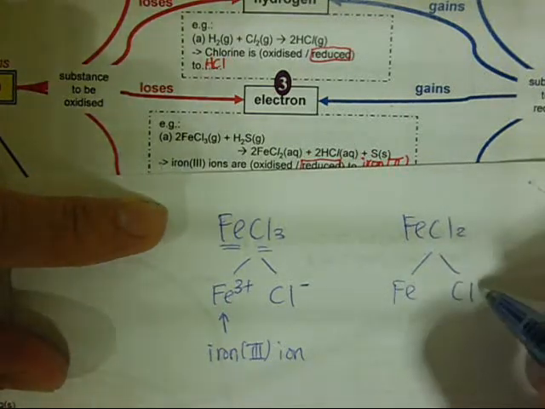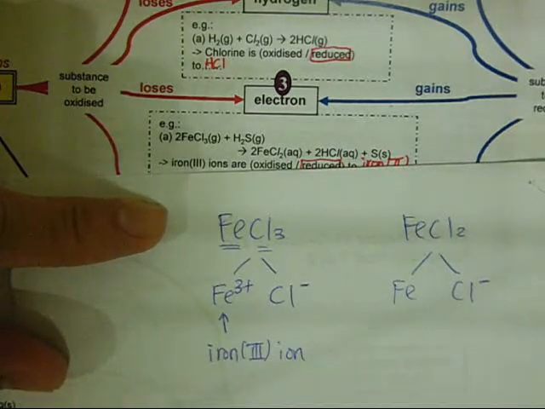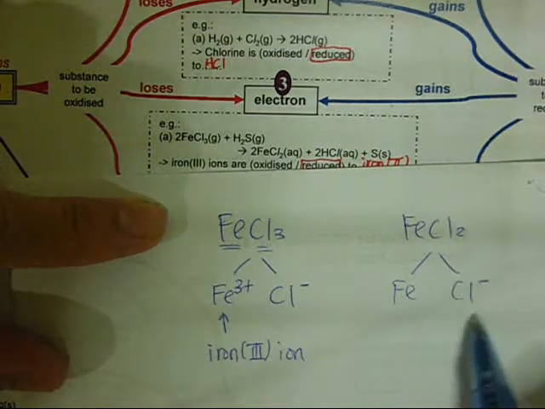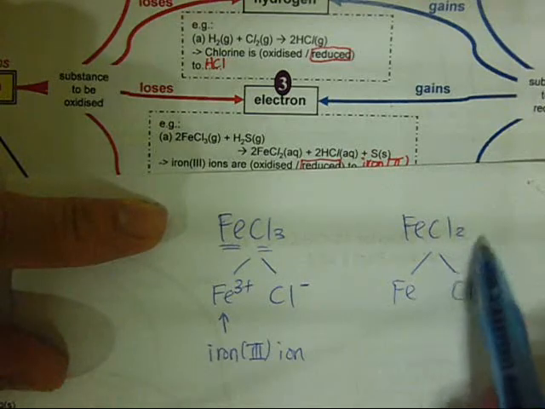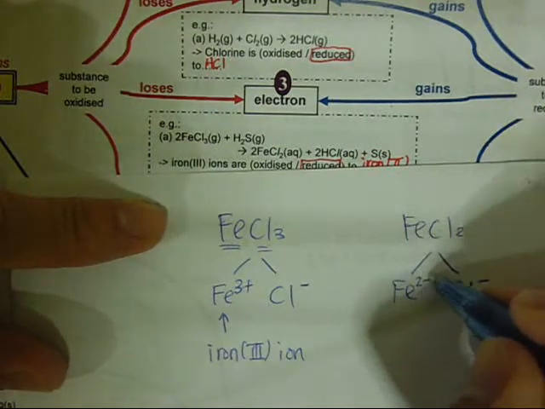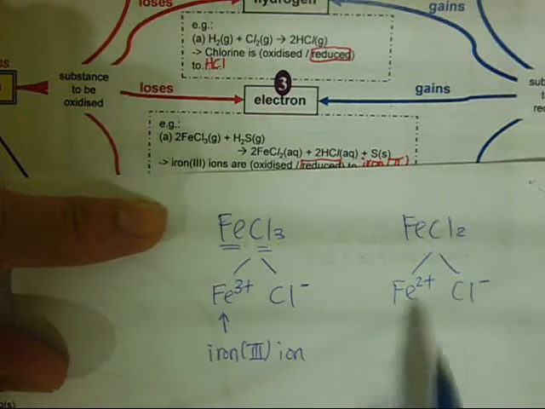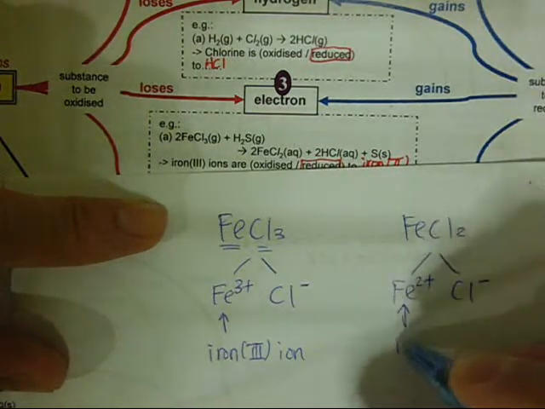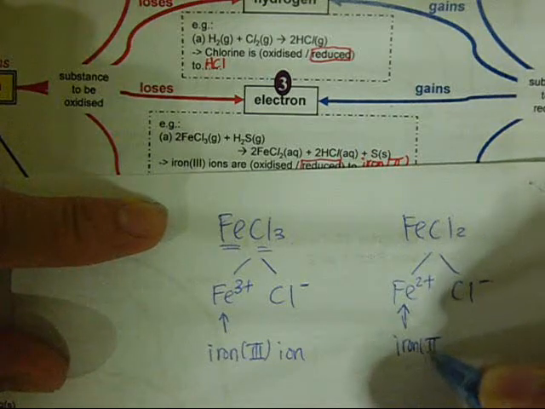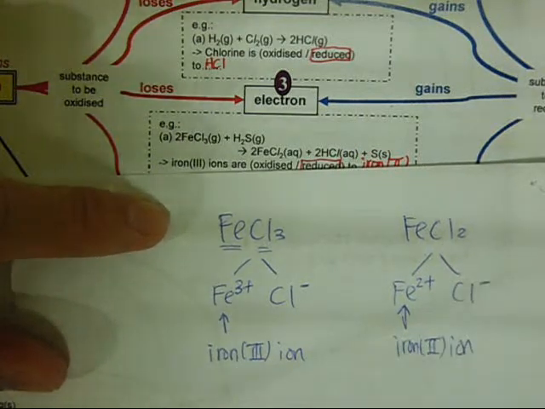Cl is group 7, so the charge is 1 minus. There are 2 Cl here, so the total charge is 2 minus. So this one must be 2 plus in order to balance the charge, because for the whole compound the charge is neutral. So this is your iron 2 ion.